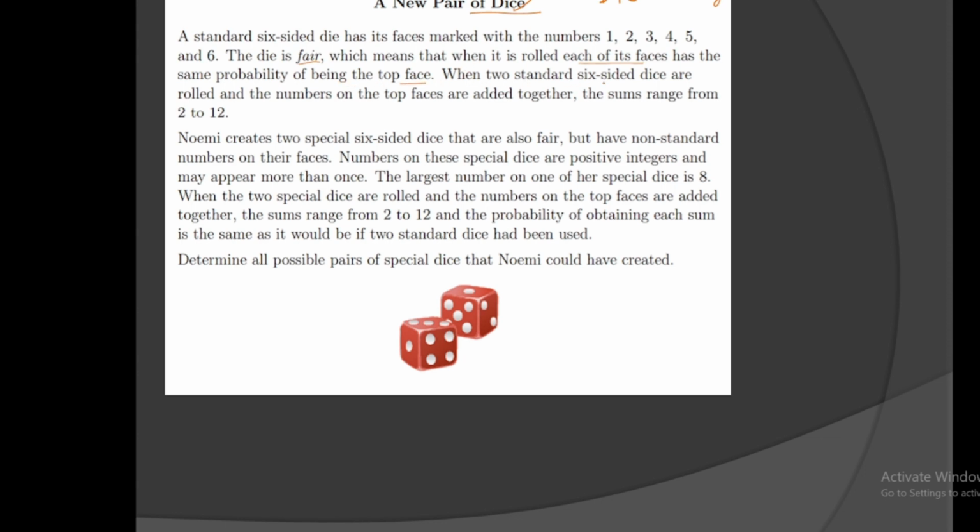So when two standard six-sided dice are rolled and the numbers on the top faces are added together, the sums range from 2 to 12. Fine. Here we have a girl, Noemi. Noemi creates two special six-sided dice. First, we would like to go further and we will see the question later, but first some basic info.